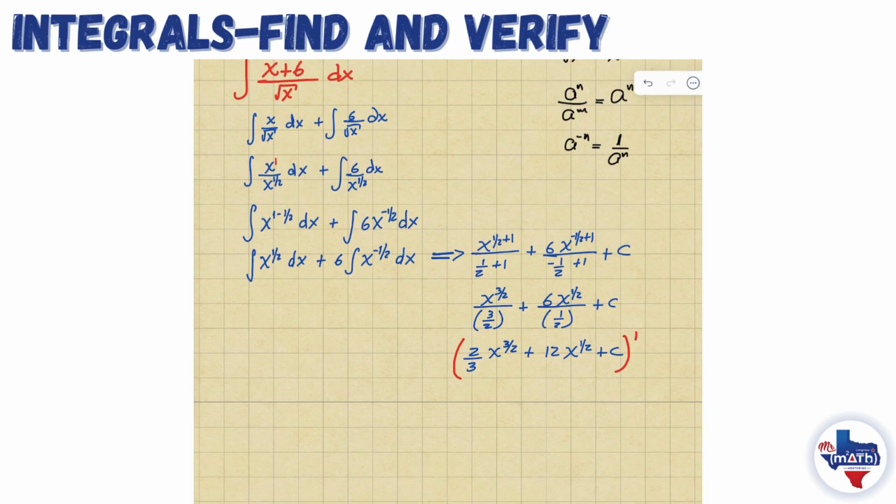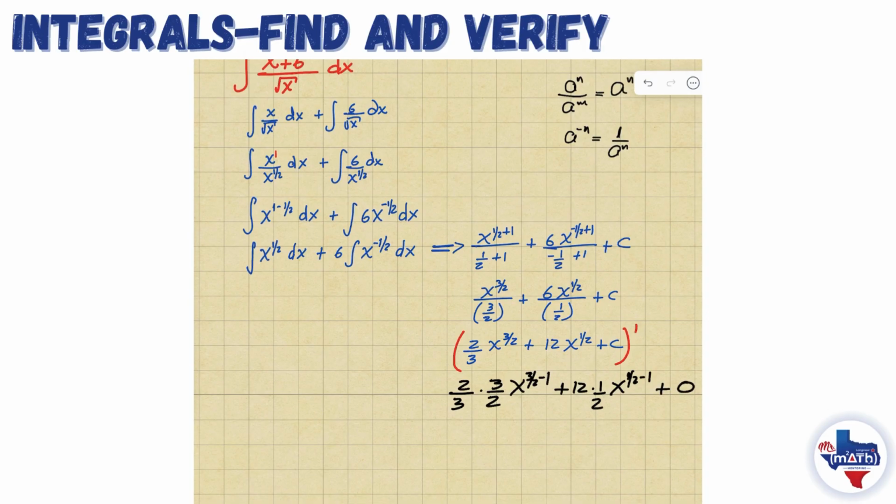So we'll have 2/3 that multiplies 3/2 times x to the 3/2 minus 1, plus 12 times 1/2 times x to the 1/2 minus 1, plus the derivative of a constant, which is 0.